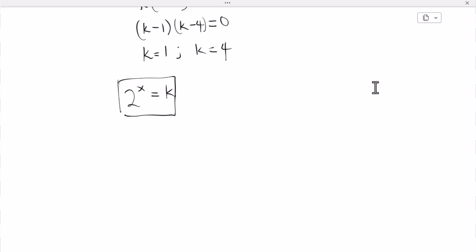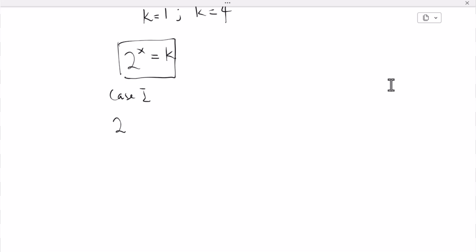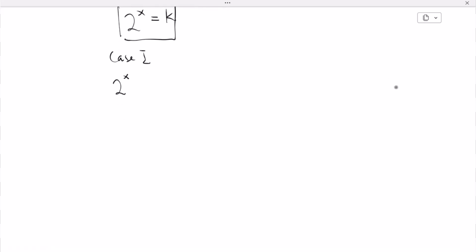So if 2 to the power x equals k, we take the first case. Case 1, 2 to the power x is equal to k, which is 1.